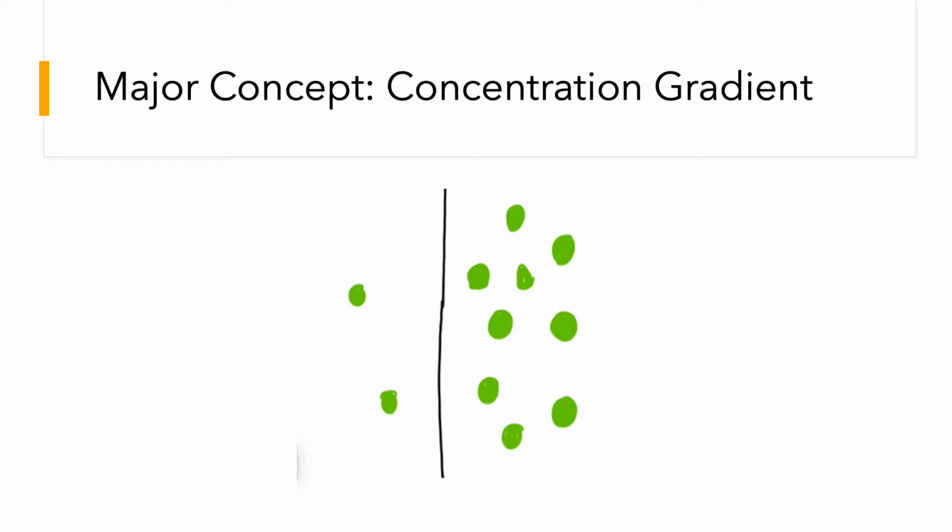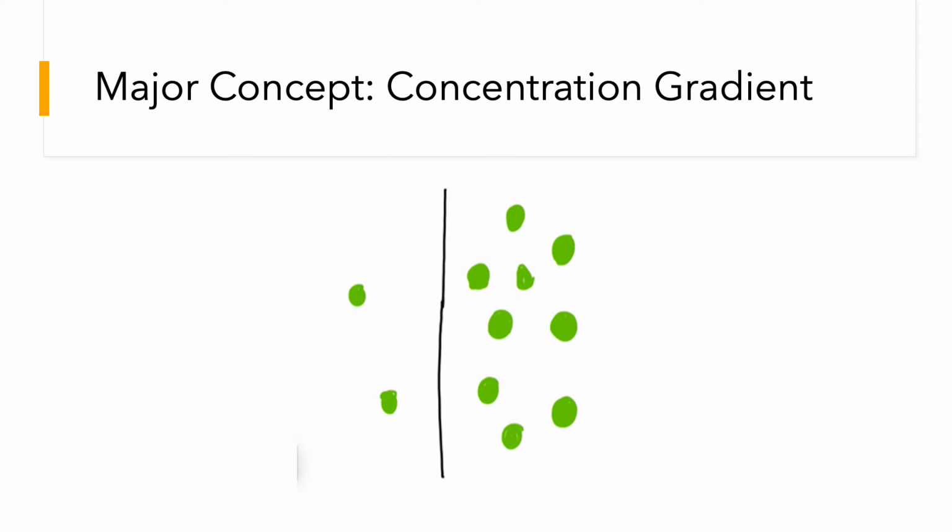A concentration gradient is simply a difference in the amount of some substance from one side of a barrier to another. If the barrier is impermeable to that substance, it will not cross. However, if the barrier is permeable, then the substance will cross and eventually there will be approximately equal amounts of the substance on either side.